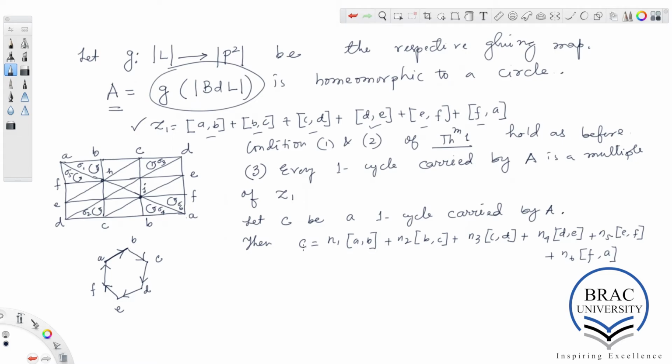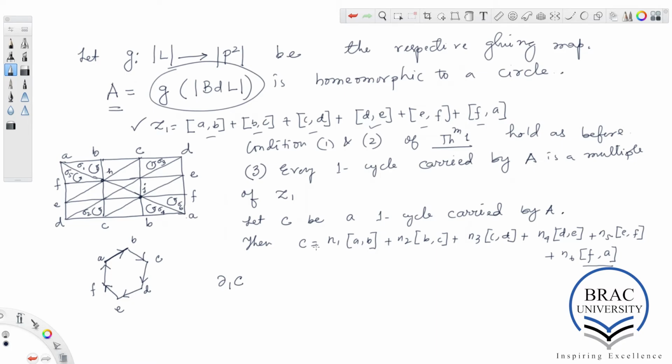The value of this one cycle on the oriented one simplex F comma A is N6, and so on, where N1, N2, N3, N4, N5, and N6 are certain integers. So what is this one chain? Sorry, this is not a one chain. C is a one cycle. So del 1 C is supposed to be 0, right?